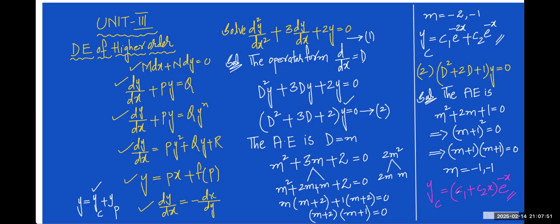Okay, sir. Next, question number 3. Solve d square plus 4 into y is equal to 0.